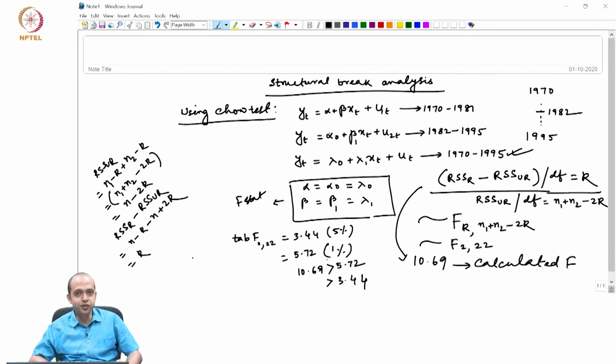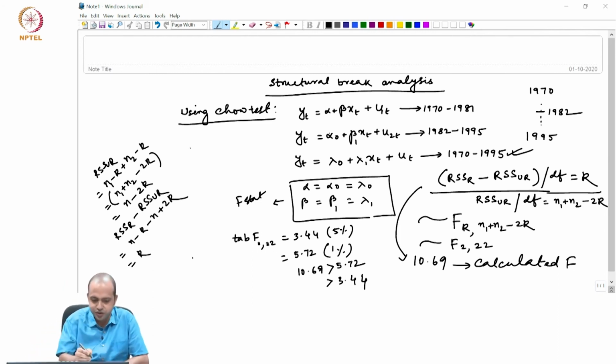And what is our null hypothesis? That there is no structural break, and that is rejected. The null hypothesis is the restriction we have imposed, because if these conditions are satisfied, that means there is no structural break.